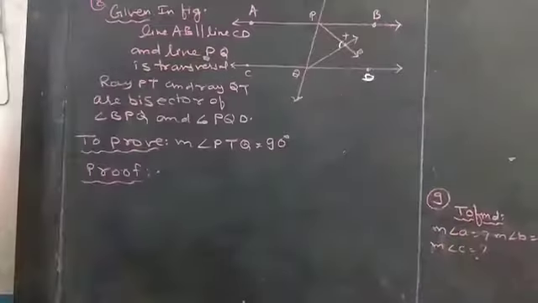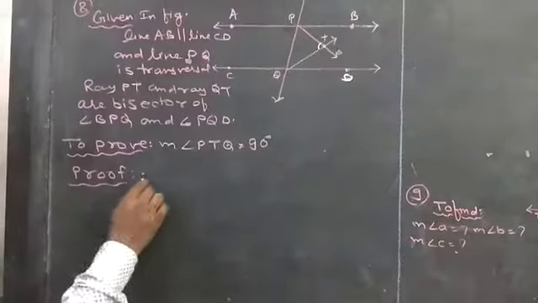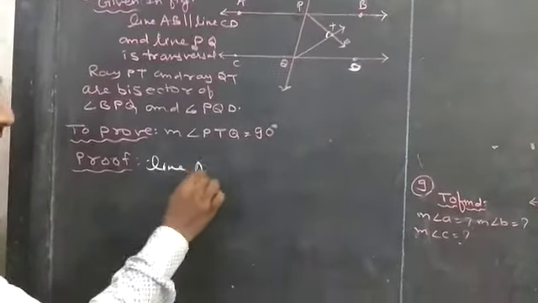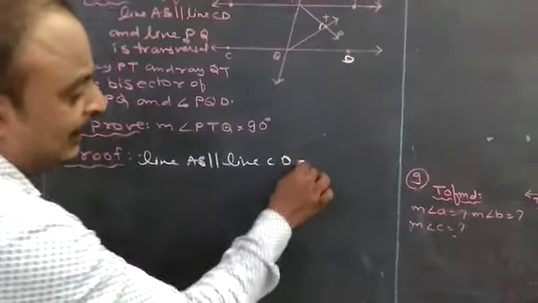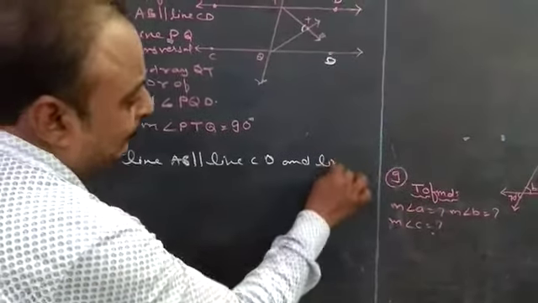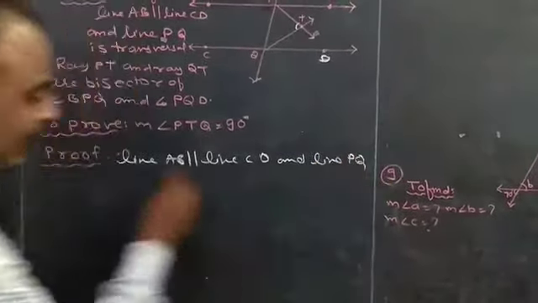So let us begin with the information given in the question. First, what information is given here? Line AB is parallel to line CD and line PQ is its transversal.